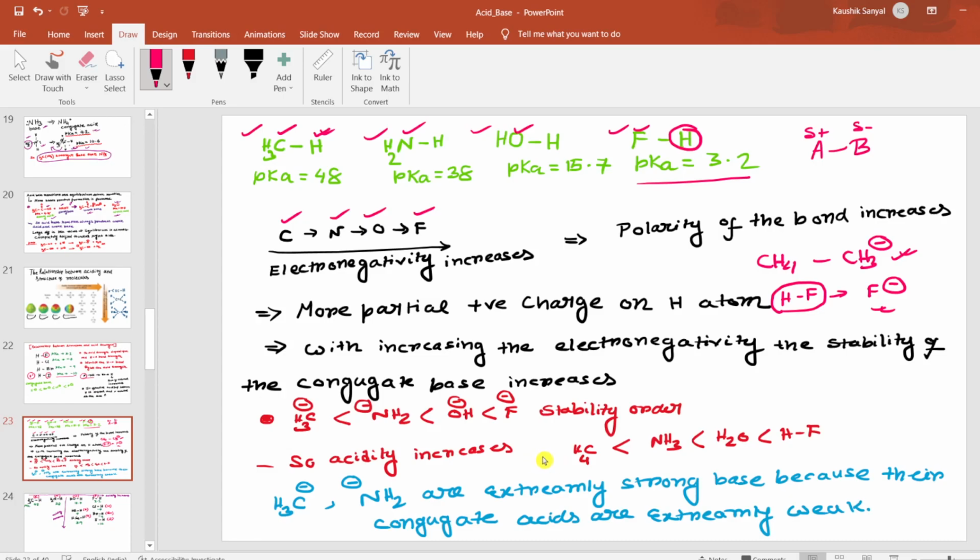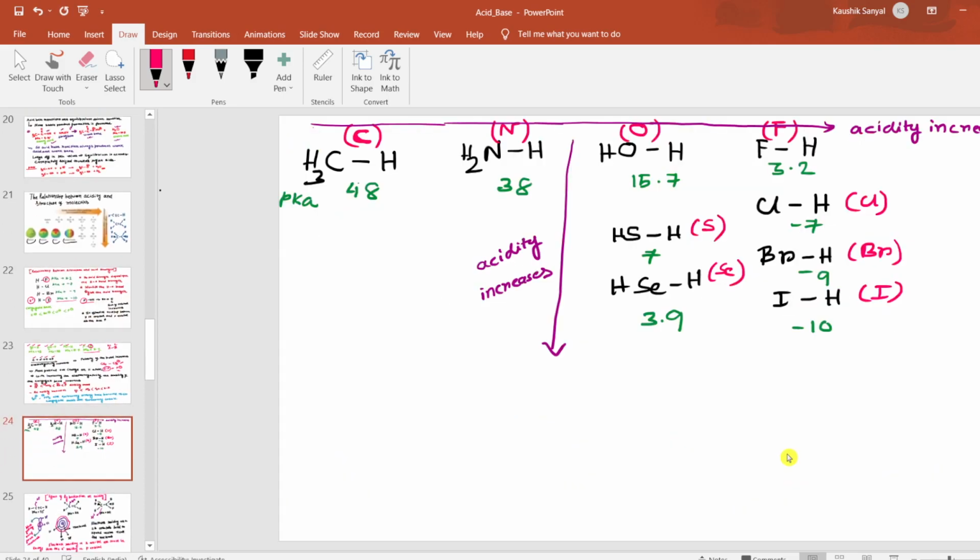If you consider CH3 minus or NH2 minus, these are extremely strong bases because their conjugate acid is extremely weak. So overall, as we go from methane to hydrofluoric acid, from carbon to fluorine, left to right in the periodic table, acidity increases.